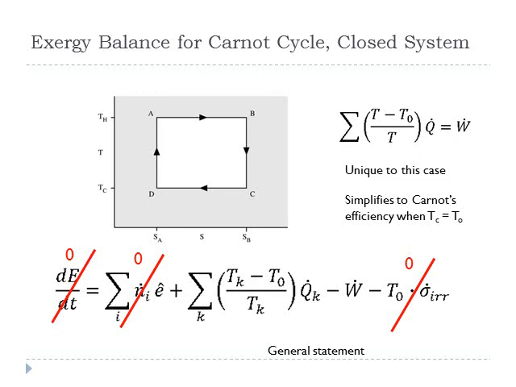You have a lot of terms that drop out, and what you get is basically the work is equal to T minus T naught over T times the temperature at which thermal energy enters or exits the system. So this is essentially how you get Carnot efficiency, from this kind of exergy balance.